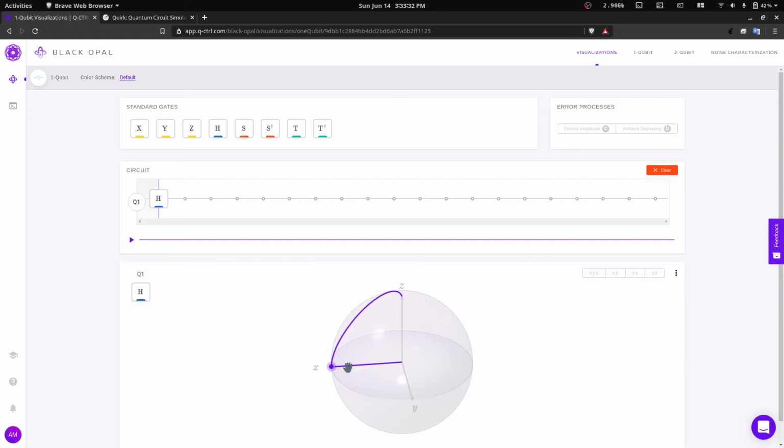So in order to actually notice the change in the phase, we need it to be here. So I'll leave the Hadamard gate there, and now let me first apply the z gate to show you how it works. First the qubit goes to the plus position, that is along the x-axis, and when z is applied, it shifted by an angle of 180 degrees along the z-axis.